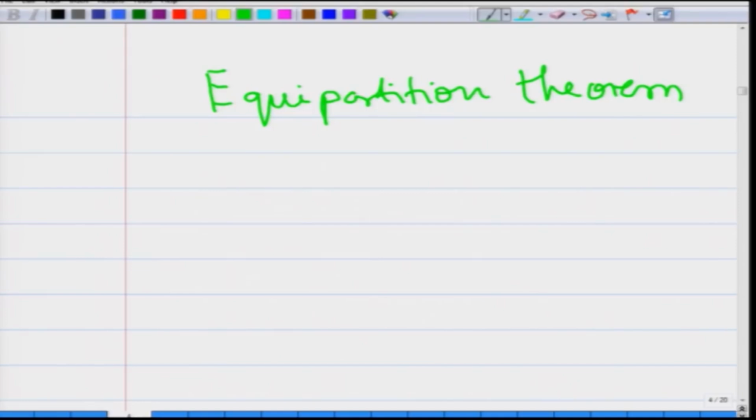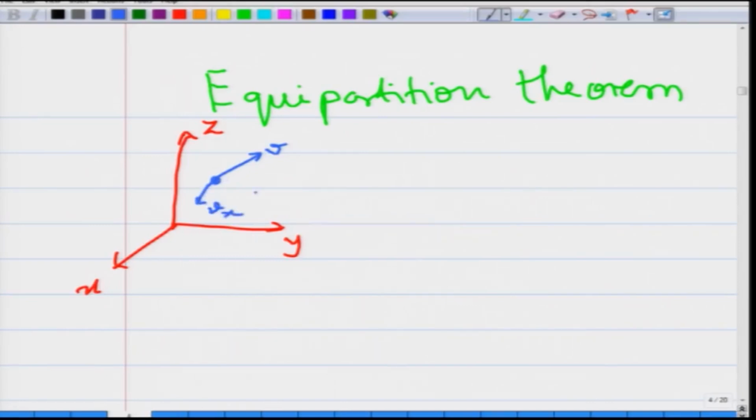Wherein you have your x, y and z coordinates, and you have a particle which is moving with a velocity v. Now, this particle has 3 degrees of freedom: it can move along the x direction, along the y direction, or along the z direction.